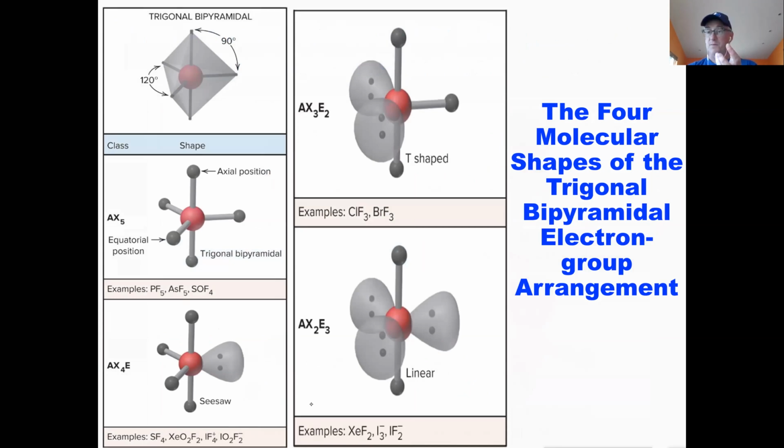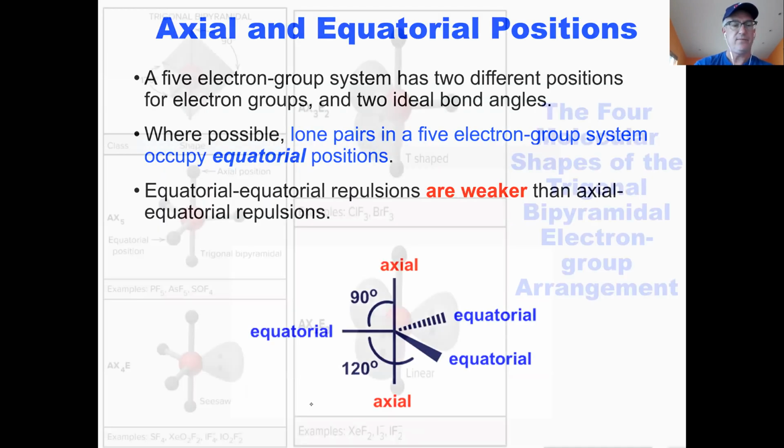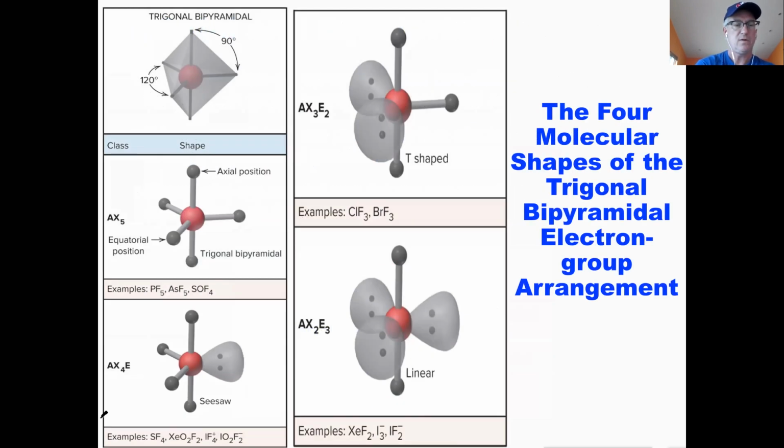So these are the groups with five. We won't do too much with five and six, but these are the things you should be aware of. These are also in the table, so you don't have to memorize them. But AX5: if you have five atoms, which are basically identical, surrounding the central atom, you'll get the classic trigonal bipyramidal shape.